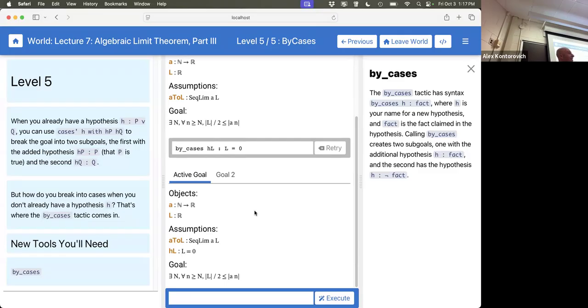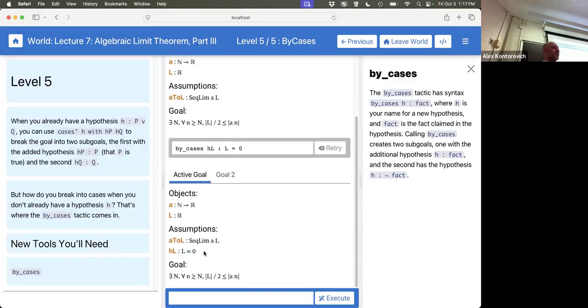You can also use a have to isolate that statement by itself: you say have, the name, and then what that statement is, and by apply hypothesis.1. Now you have isolated .1.